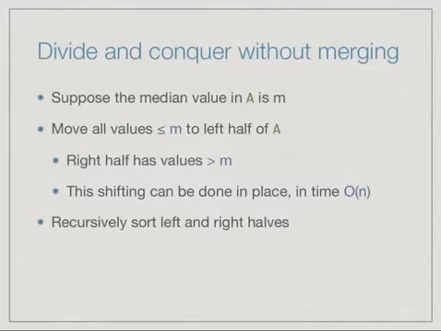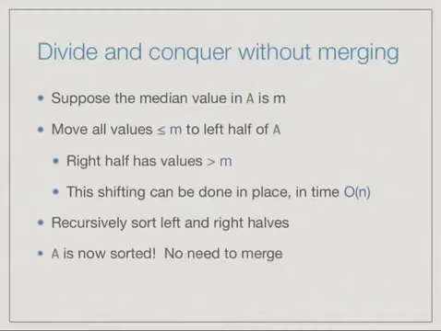Having done this rearrangement, moving all the smaller values to the left half and the bigger values to the right half, then we can recursively apply this divide and conquer strategy and sort the right and the left half separately. And since we have guaranteed that everything in the left half is smaller than everything in the right half, this automatically means that after this divide and conquer step, we don't need to combine the answers in any non-trivial way, because the left half is already below the right half, so we don't need to merge.